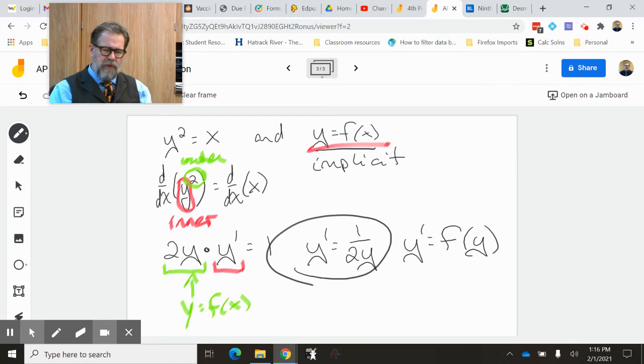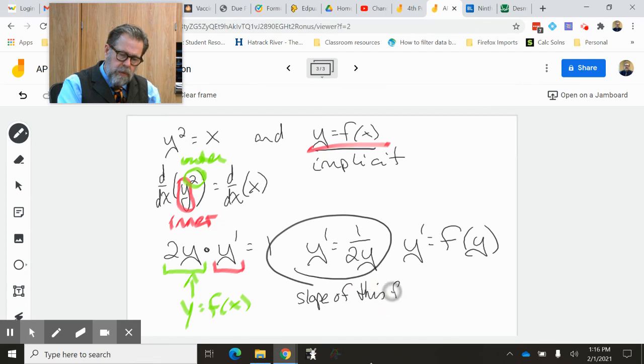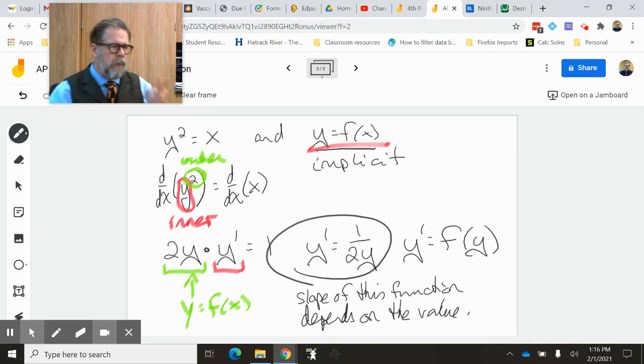And what we're discovering here is that the slope of this function depends on the y value. And we'll talk more about this as we go on.